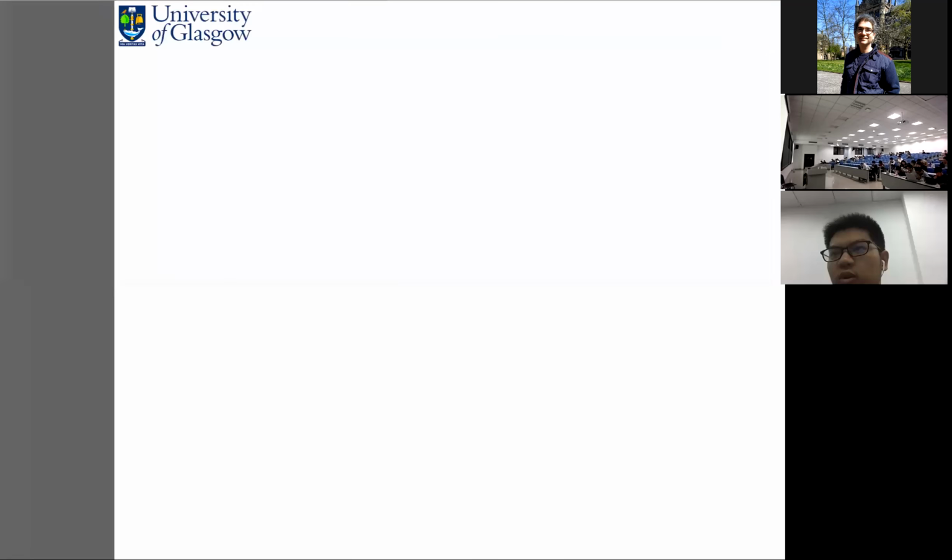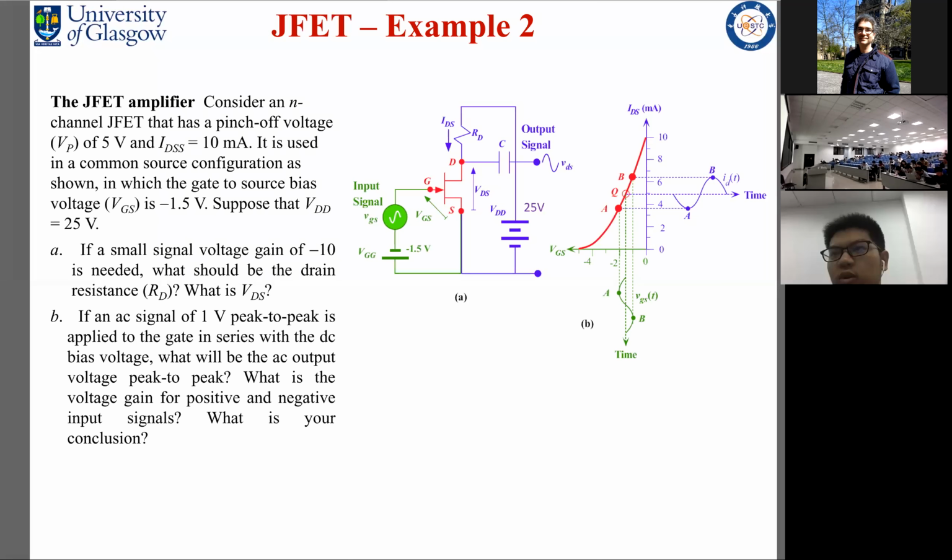I've left some blank slides here for you to do the solution. Let's look at another example together. Here we have an N-channel JFET. It has a pinch-off voltage of 5 volts and an IDSS of 10 milliamps. Again, it is used as a common source configuration, and the gate-to-source bias voltage VGS is minus 1.5 volts. Suppose that VDD is 25 volts.